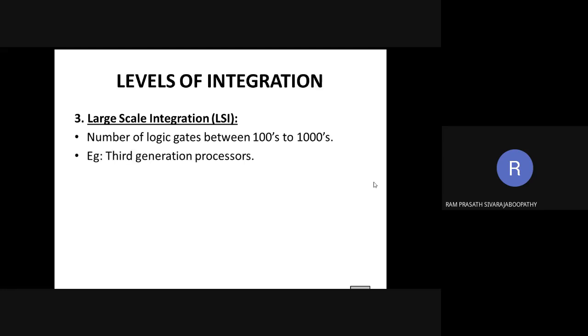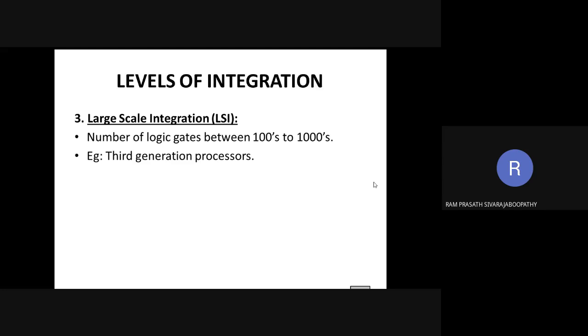Fine. So this is the third generation processor. In microprocessors, it started to evolve only after this particular technology came. First generation processor means it is a mechanical engine, called the analytical engine. So that is the first generation processor.